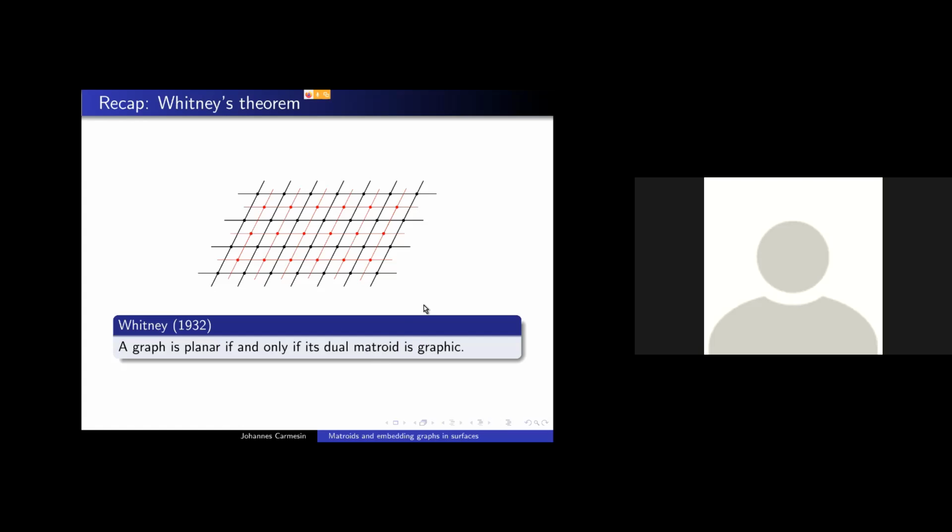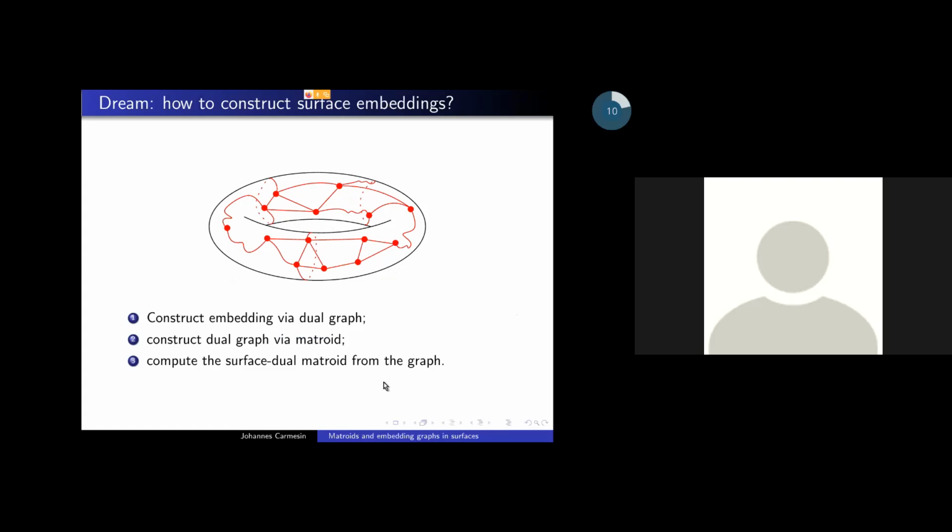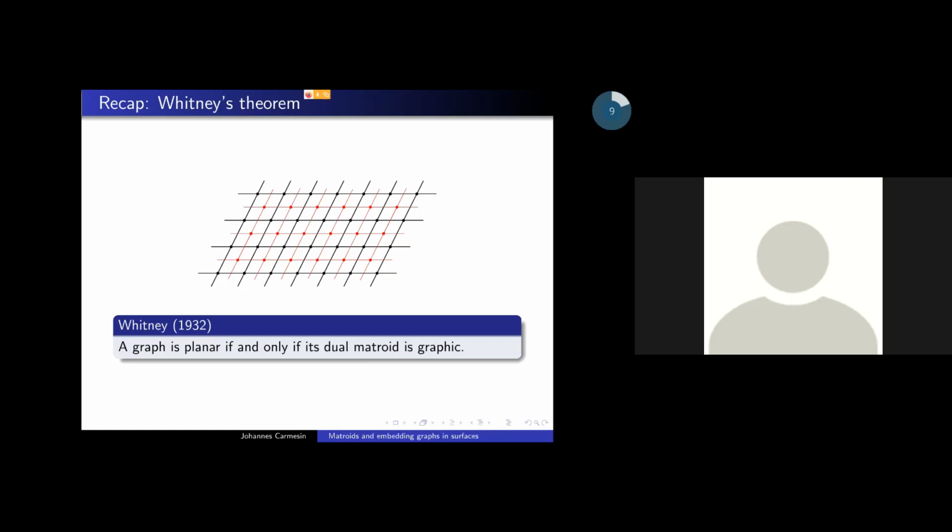to check criterion, and this is also a very pleasing planarity criterion in the following way, namely it does not only tell you whether the graph is planar, but it also tells you how the possible embeddings look like. Because every possible embedding is essentially given by a dual graph.